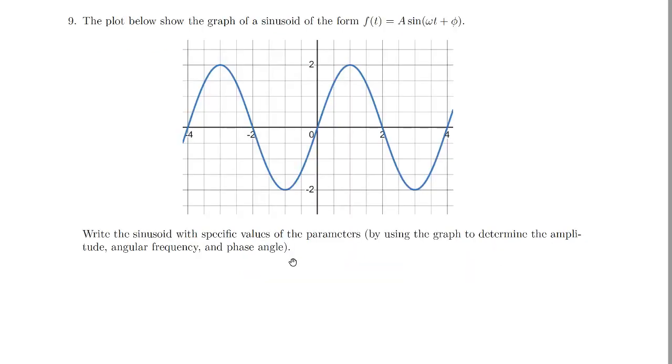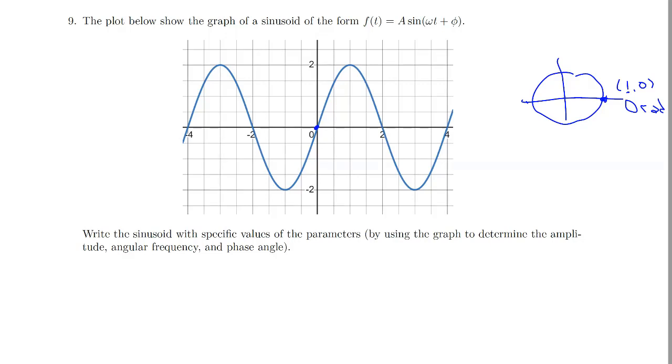The plot below shows the graph of a sinusoid of the form. I know it's the sine because if I were to draw a unit circle, this point right here is (1, 0). So at 0 radians, my sine is 0. So sine always goes through the point (0, 0), and cosine will go through the point (0, 1), because obviously at 0 radians, it's 1.